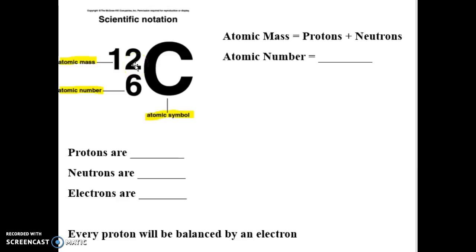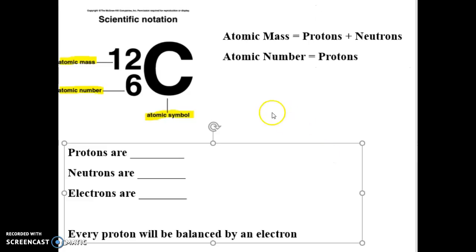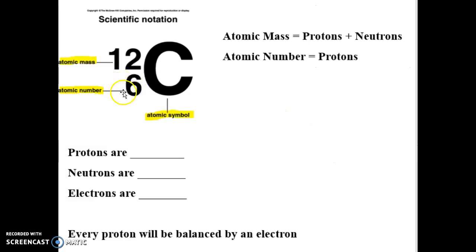Now, what we really want to know is how many protons versus how many neutrons. That's where the atomic number comes into the picture. The atomic number is the number of protons. So in this case, carbon 6 means there are 6 protons.